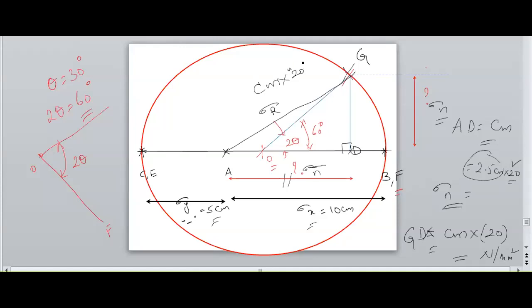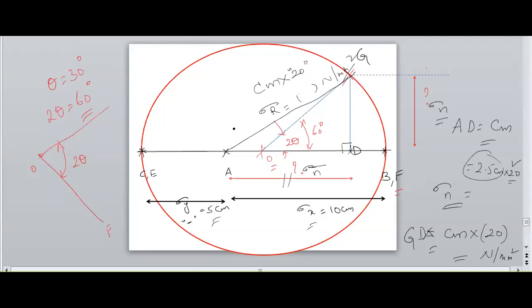We have considered this scale as 20. Therefore, the resultant stress will be something in Newton per mm square. This is the resultant stress we need to find in the question.